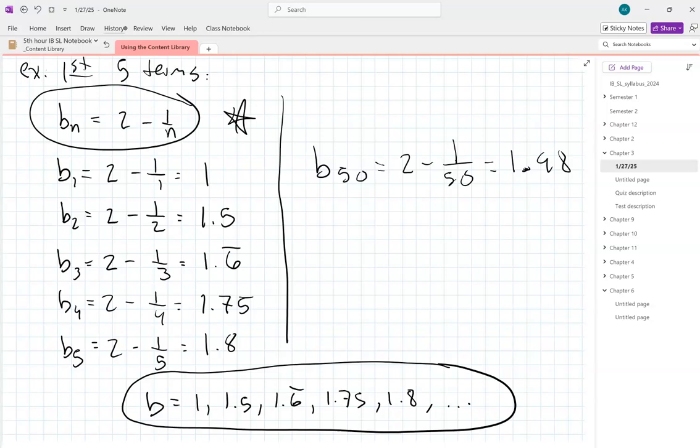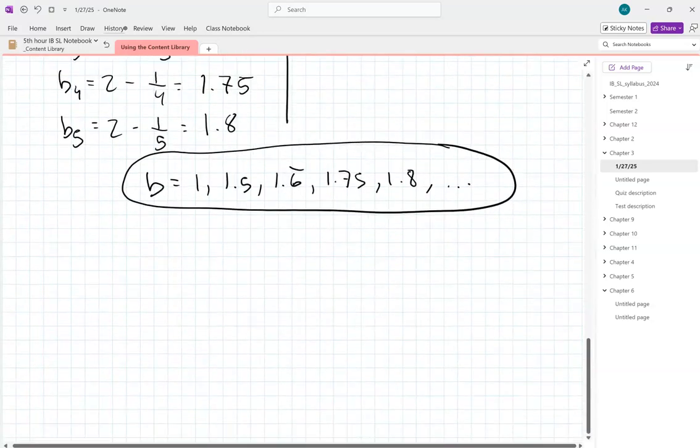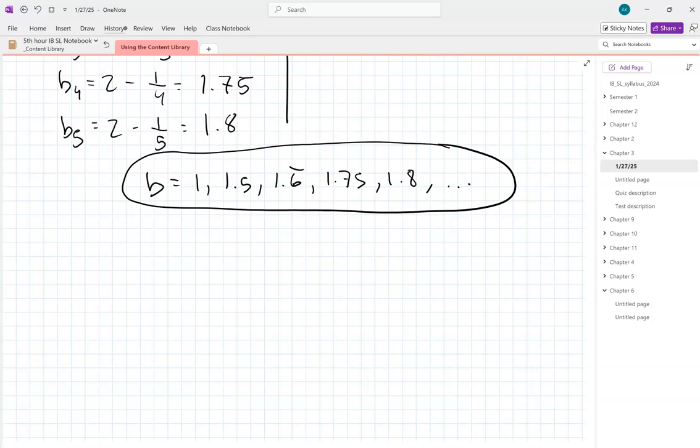And through the magic of being good at math, I can do that quickly in my head. 1 out of 50 is 2%. Right? Anyways. Okay. Kind of plugging along.